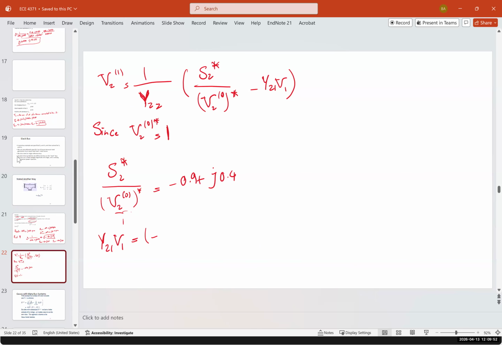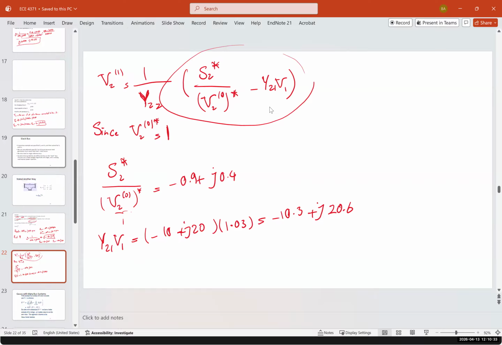So this is going to be equal to negative 10 plus j20 times 1.03, which gives us negative 10.3 plus j20.6. Now we already found Y21 V1, and we already have this.